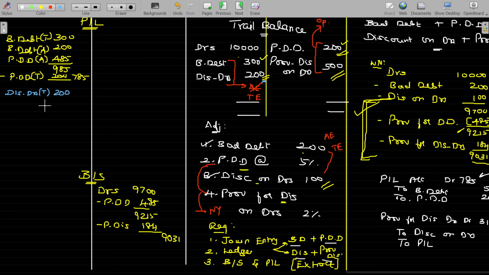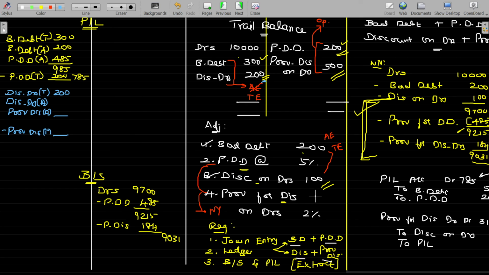Discount on debtors given in the adjustments to be added. Provision for discount on debtors in the adjustments will also be added. Minus provision for discount given in the trial balance to be subtracted.